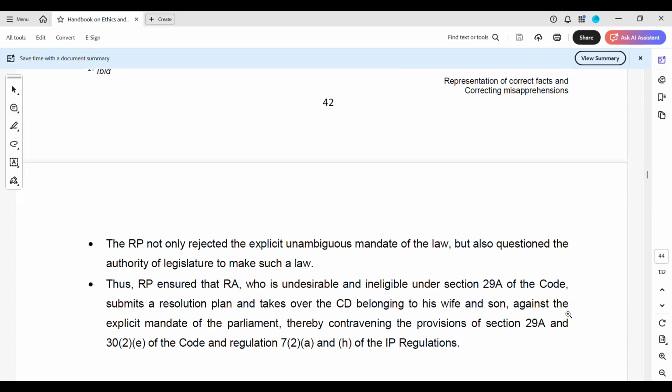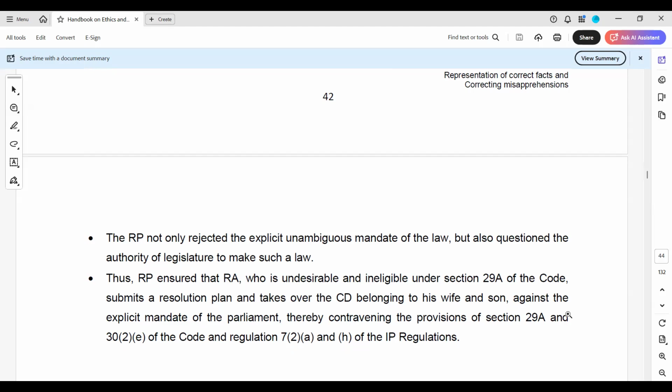So RP ensured that the RA, who is undesirable and ineligible under 29A, submits a resolution plan and takes over the CD belonging to his wife and son against the explicit mandate of the parliament.